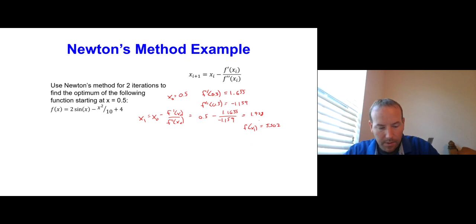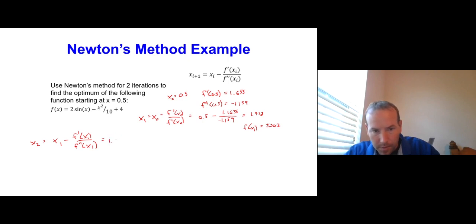Okay, so now we'll apply this to the second iteration. So we'll say that x2 equals x1 minus f prime of x1 over f double prime of x1.